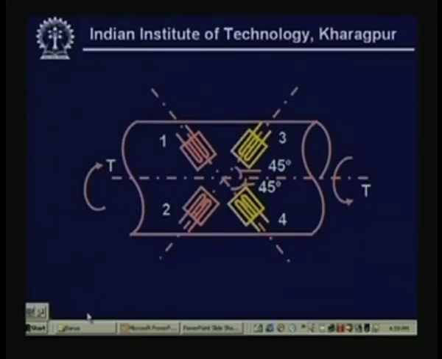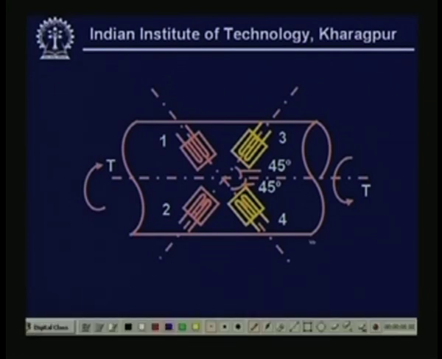Let us look at that. Yes, you see here that strain gauges 3 and 4 you cannot see.